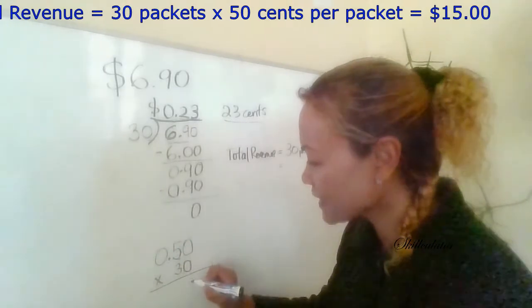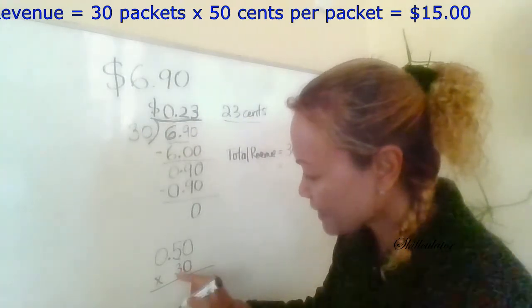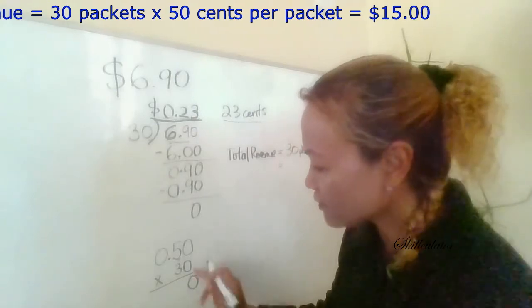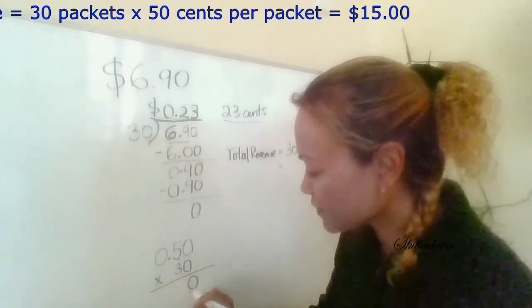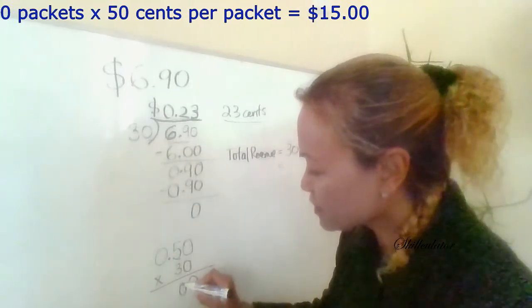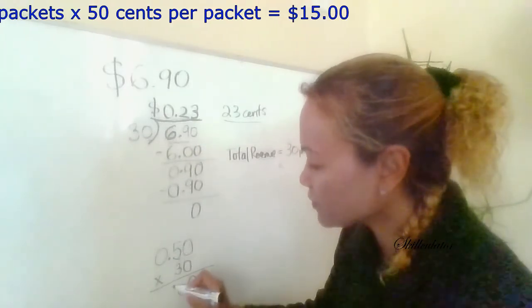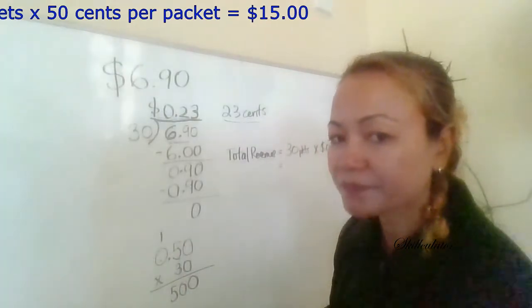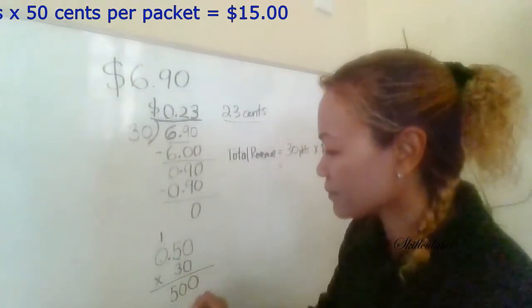We won't do the first line. But the second line here, 3, and the second number, 3. First we start with a 0 since we already got 0 on the first go. 3 times 0 is 0. 3 times 5 is 15. 5, carry 1. 0 times 3, 0. That's 1 up there.